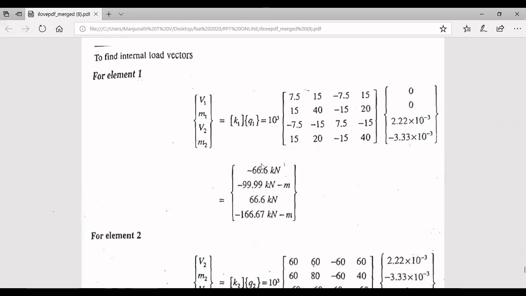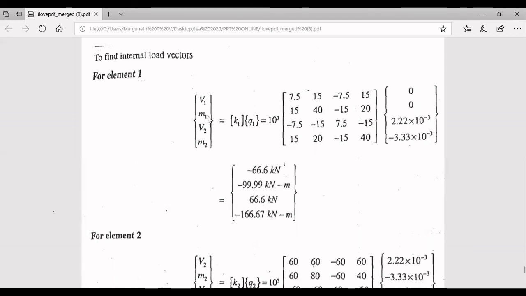This will be the internal resisting force for node number 1 in the vertical direction. If the load is acting vertically downward, then opposite to that, the resisting internal force is minus 16.6 kilonewton.